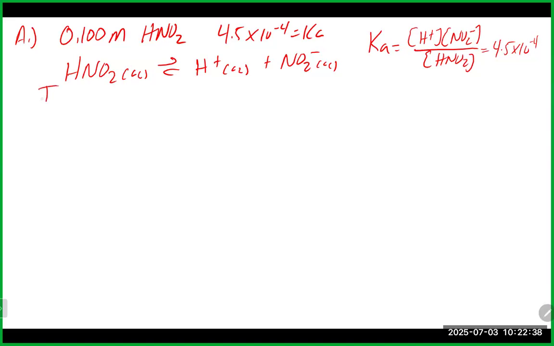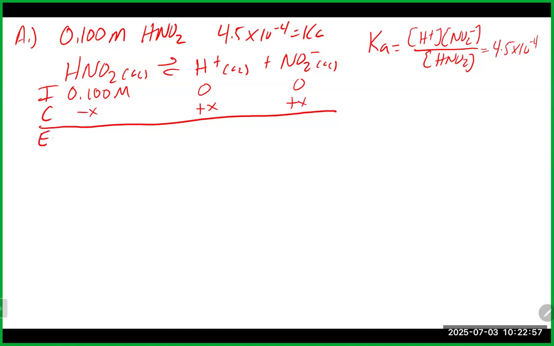We again could use the molarity that was given to us because we have not added any base in this case, so we don't need to do moles here. So initial is 0 and 0, change is -x, +x, and +x. That means at equilibrium here, we will have 0.1 - x, x, and x. Questions so far? Hopefully this is what you were doing.